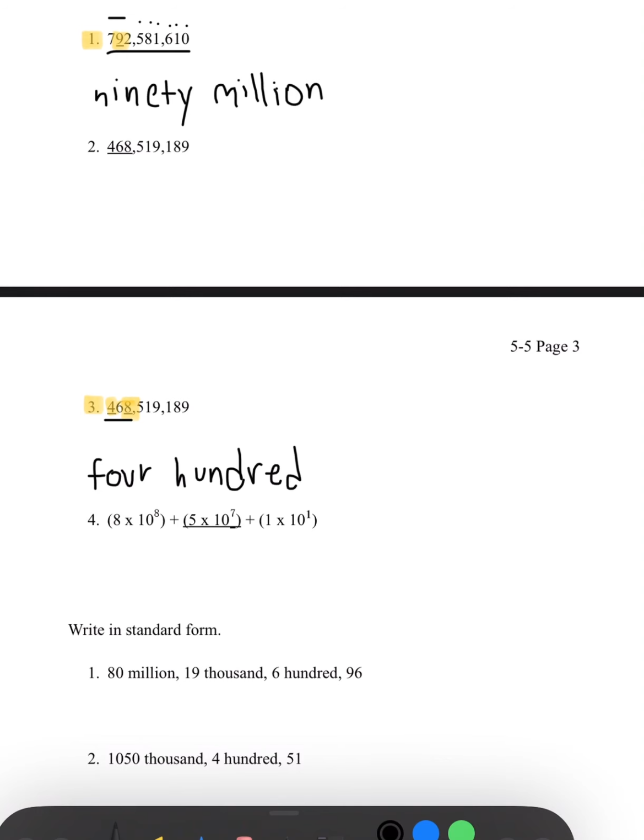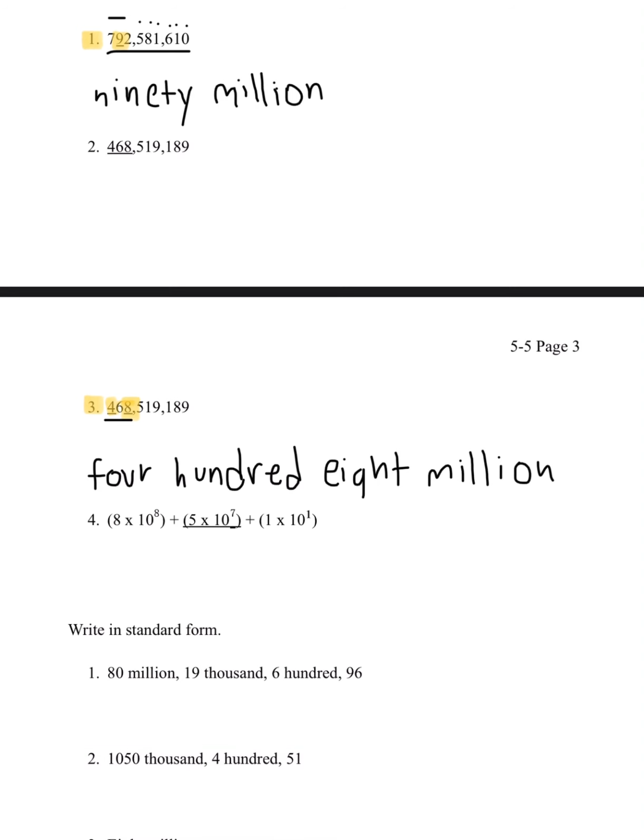And the 8 is in the ones place, so it'll just be 408 million. Since the 6 isn't underlined, we just skip the 6.